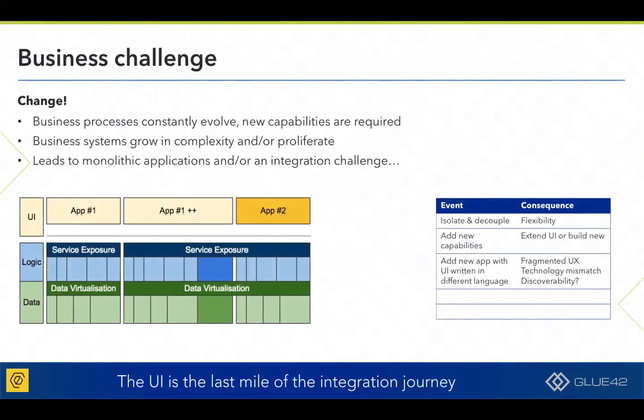If we now look at the next scenario, where we've added a net new application into the mix, again, at the data and the logic layers, you can deal with bringing those new components in. But this time, because application 2, for the sake of argument, is written in a different programming language, well, that sort of presents a bit of an issue. I mean, how do you integrate application 2, if it's .NET, with application 1, which might be Java or JavaScript?